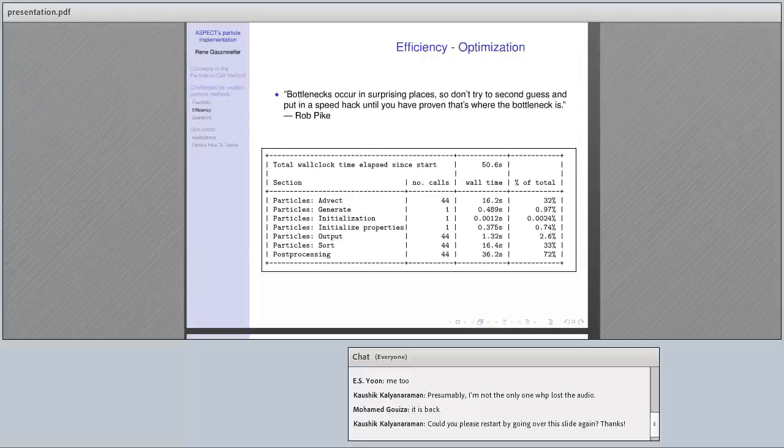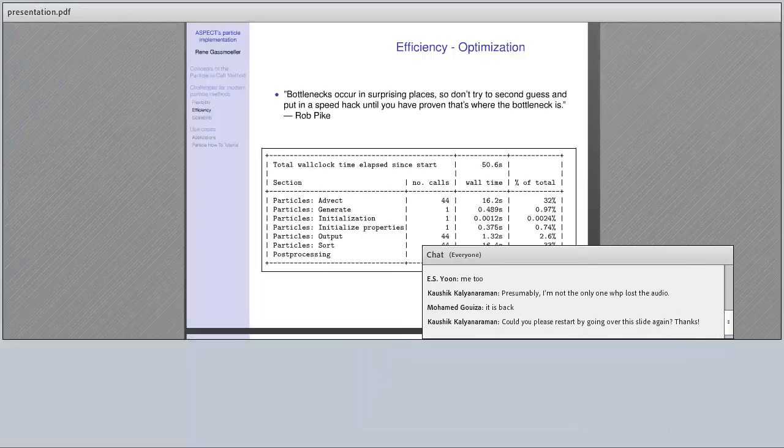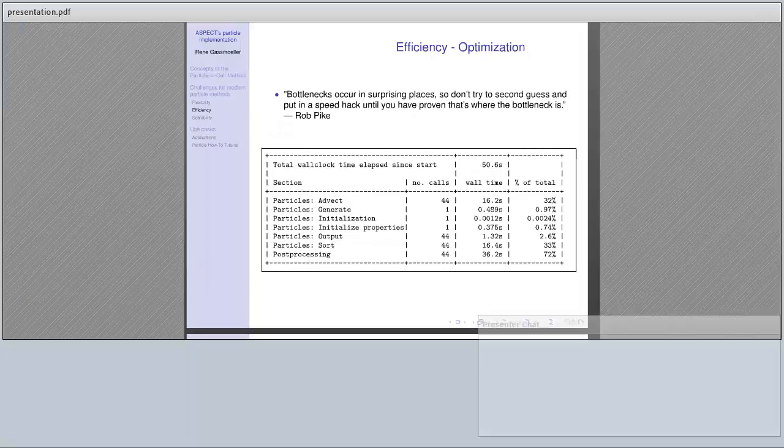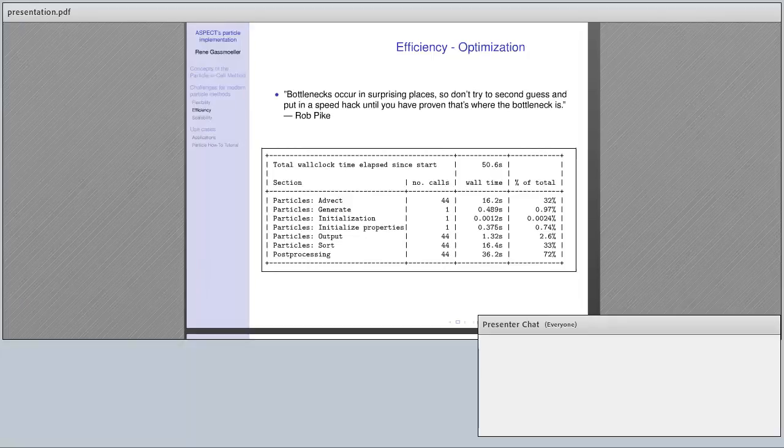The numbers that you can focus on are the 50.6 seconds at the top, which shows the total runtime of the model. And 36 seconds of these 50 seconds are spent in the post-processing part. Currently, particles are categorized as a post-processor in Aspect, so they appear here. So that's a lot. 36 of 50 seconds is spent in the particle part of this particular model.